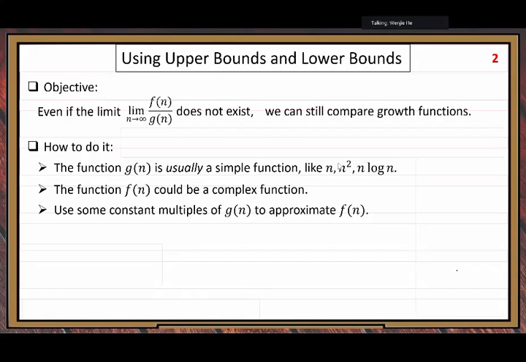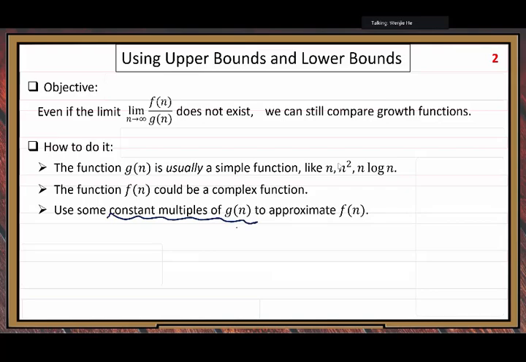We want to use a relatively simple function to help us understand the f function. How do we use the g function to measure the f function? We use a constant multiple of the g function.